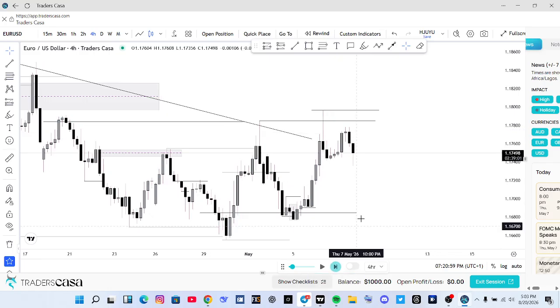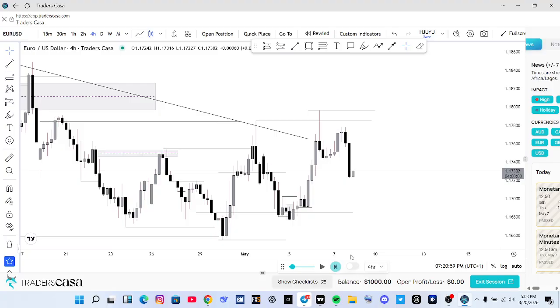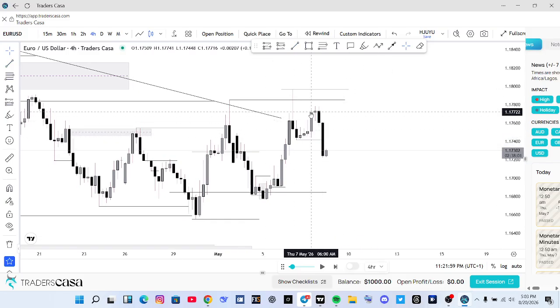Nothing yet. You see that I was even thinking that this low is going to give us a break, but nothing yet. Let's wait. We get a break to the downside, but this is an internal structure, most likely 1 hour structure. I won't advise you to still take it.